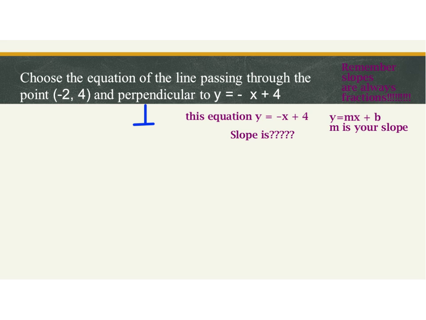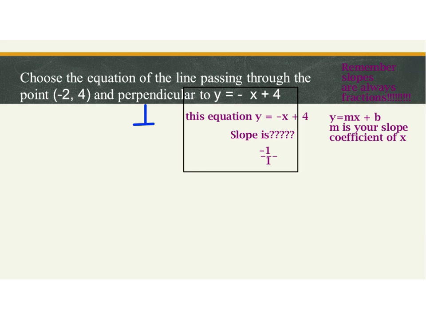It's the coefficient of x. What is the coefficient of x? One. But is it positive or negative? -1. So your slope is -1, but we can't have a whole number. It has to be a fraction, right? So your slope is -1 over 1 of this equation that is given right here.